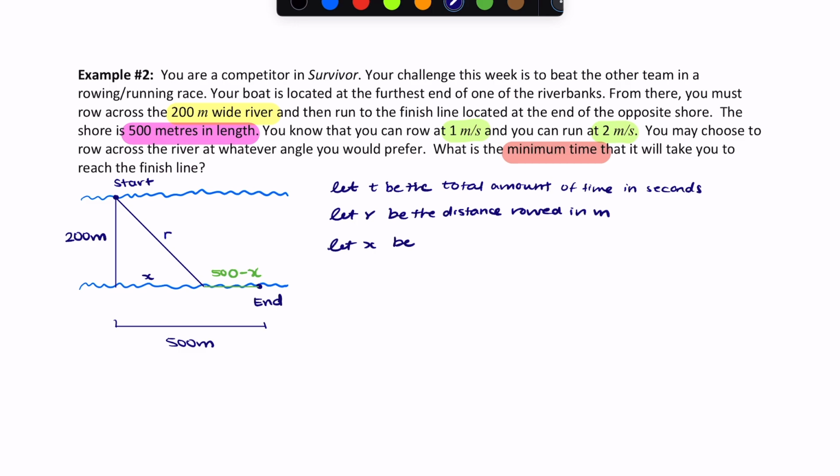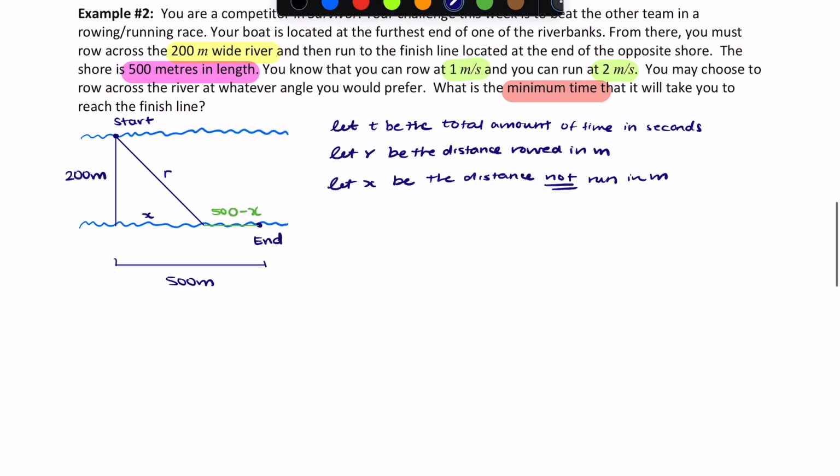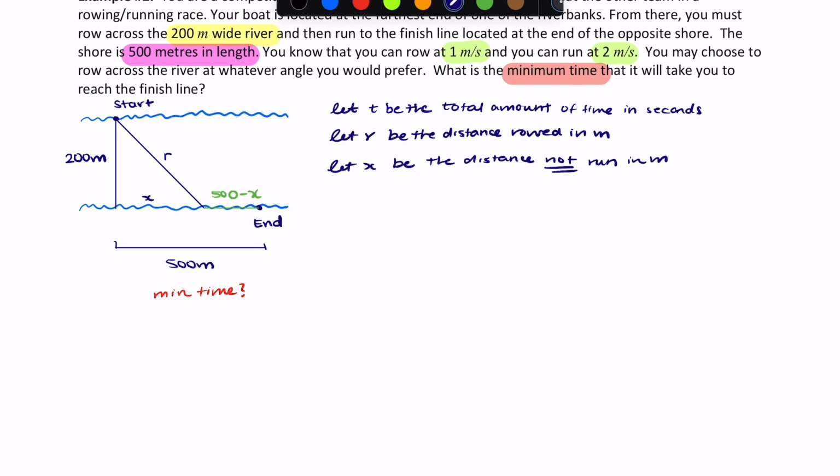And we'll let x be the distance not run in meters. And again, we're trying to find the minimum time.